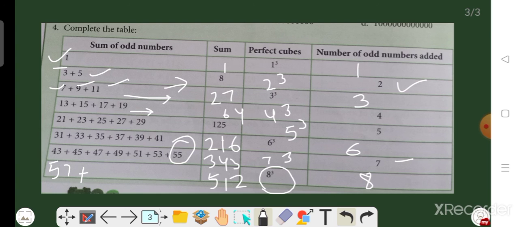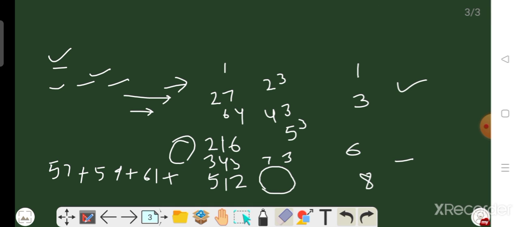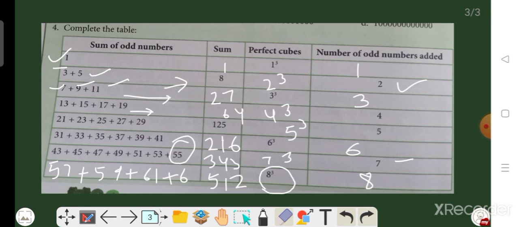So first is 57, second is 59, third is 61, fourth is 63 beta, fifth is 65, sixth is 67, seventh is 69 and eighth is 71. So these are the odd numbers which we have to add to get the cube of 8.